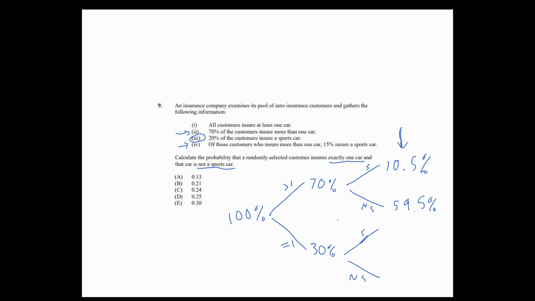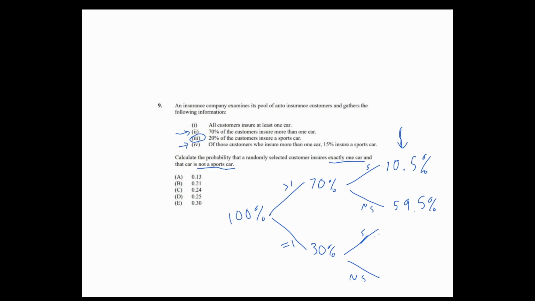So we want to find the complement of that with regard to the 20% who insure a sports car. We're going to subtract 10.5% from 20%, and that gives us the answer for this branch.